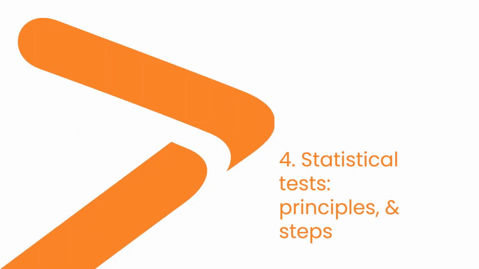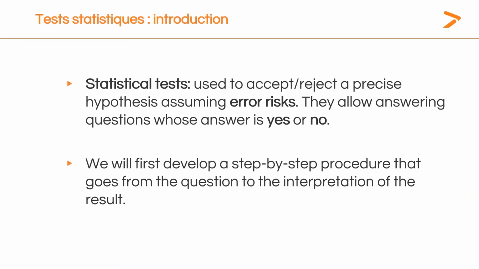I will start with the principles of statistical testing and the different steps I suggest you take if you don't really have experience in statistical testing. Now, you should know that quite often statistical test outcomes are misinterpreted in the literature. So please be very careful when you interpret a p-value or a risk threshold.